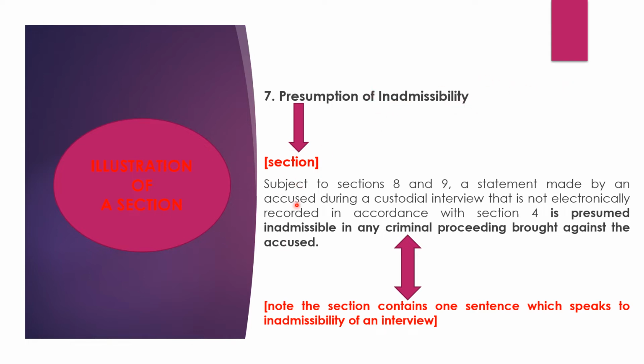And when we read the words in the section, we recognized that if a custodial interview was not electronically recorded, then that particular interview could be presumed to be inadmissible. So you will notice that the section heading basically tells you what the section itself is going to be about. So it's very important that the section heading and the actual words in the section correspond with each other.